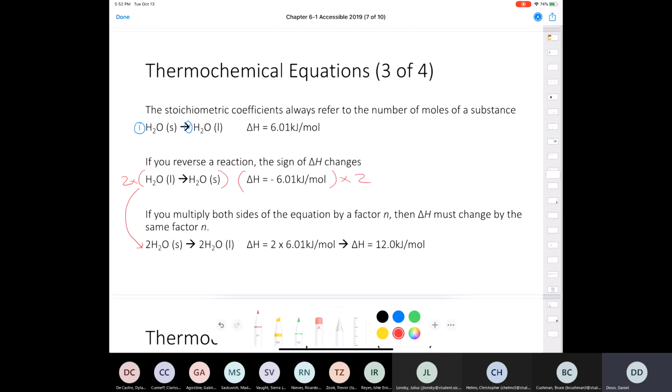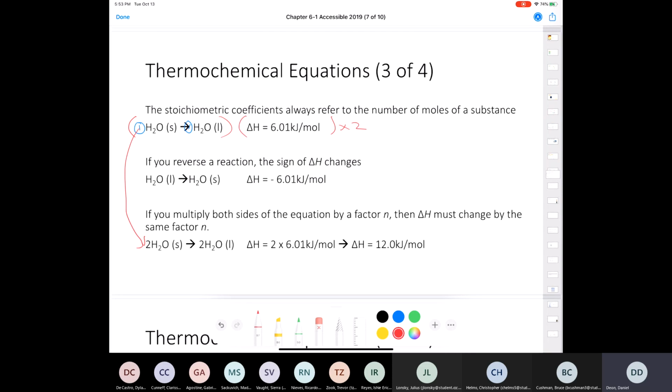Sorry, I'm looking at the wrong reaction, aren't I? Let me just fix it. When I saw the sign, I was like, that's not right, is it? There we go. So, sorry, it's this reaction here that I'm reversing. There we go. Fixed it, okay? So we would take this and we would multiply it by 2 as well, okay?